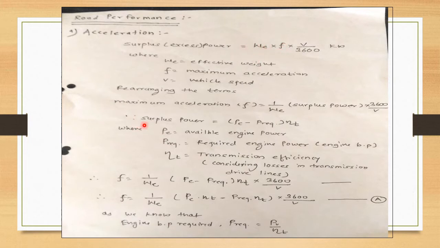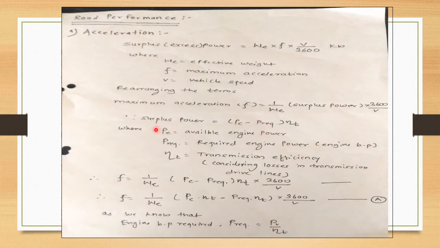Surplus power is nothing but the difference between the available engine brake power and the required brake power. It is the additional power that is available between the engine brake power available and the required engine power.